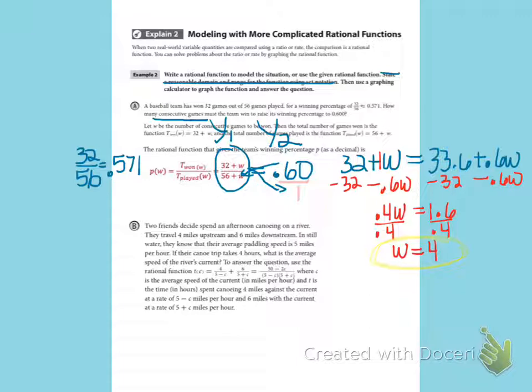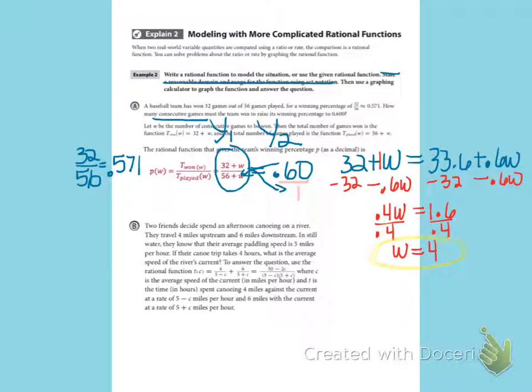And that would be at W equals 4. So that means 4 more games, 4 more wins, and our new winning percentage is 0.60. So again, I prefer the algebraic way, because it just involves doing the cross products. So maybe when you see those in the practice set, give those a try algebraically.